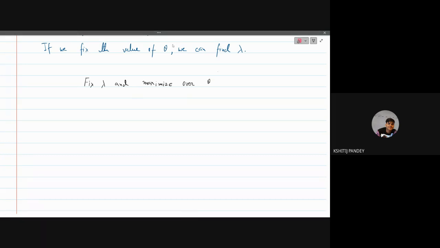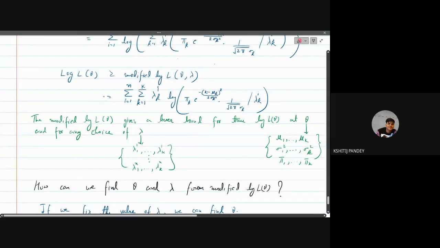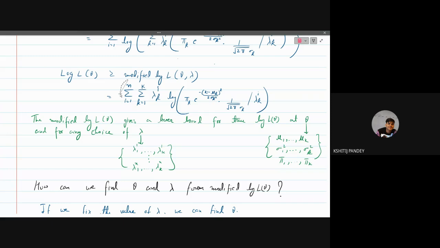We want to find theta, by which we mean all mu's, all sigma squares, all pi's, such that this function is maximized. I will simply copy this.